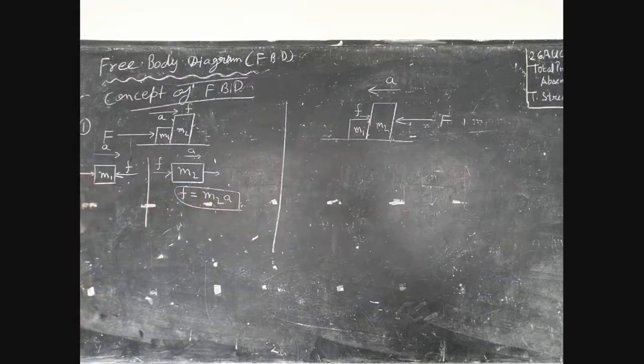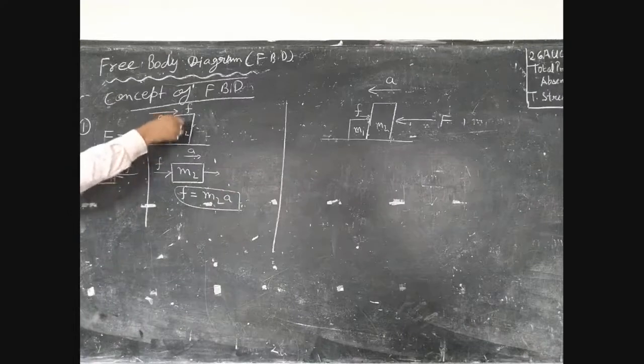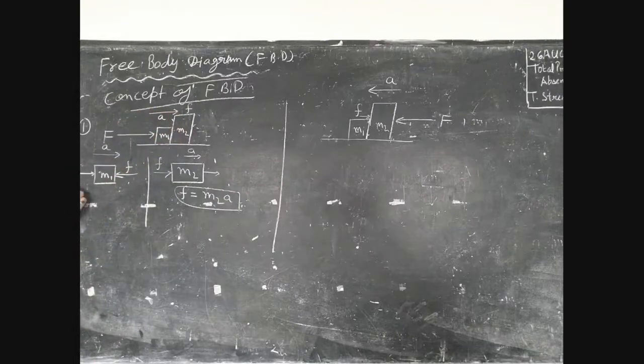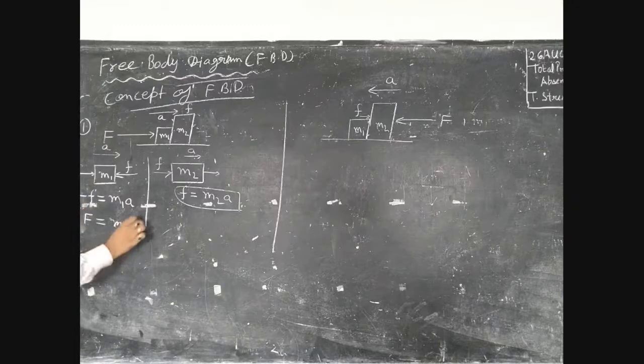Now solve here. The force applied F is opposed by the force f, which means F minus f is equal to the net force. How much is the net force? The answer is m1a. Understood? Now from here you will get F is equal to m1a plus f, and this f is equal to m2a.